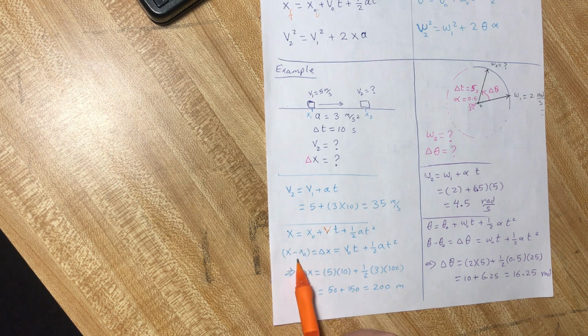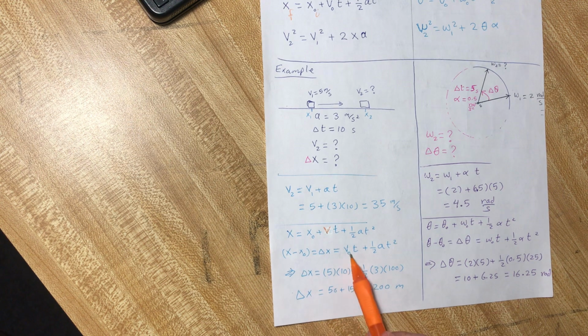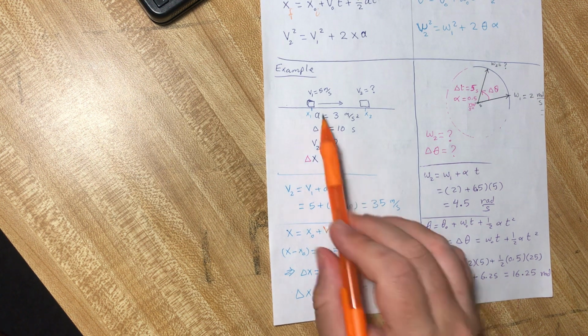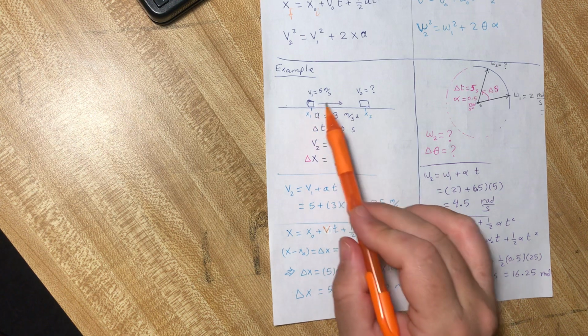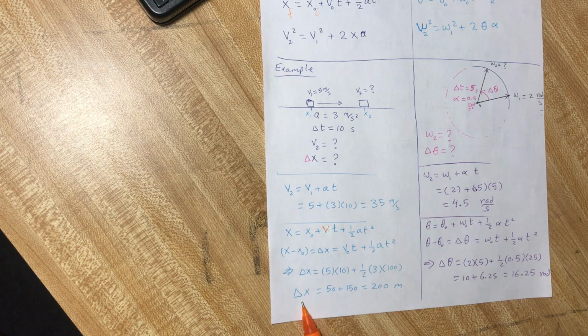It will be x minus x naught, which is x final minus x initial, the change in position, which is equal to the remaining terms: v naught, the initial velocity multiplied by the time period, plus half the acceleration multiplied by the period of time squared. We just need to put in the numerical values. V initial is 5 as given. The time is 10, half is half, the acceleration is 3 as given, and the time squared is 100. Then the change in position is 200 meters.